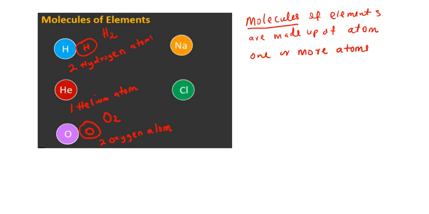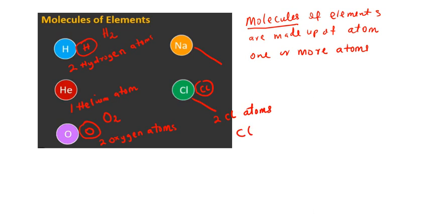For chlorine, we also have to combine it with another chlorine. So we have two chlorine atoms, which is written as Cl2.